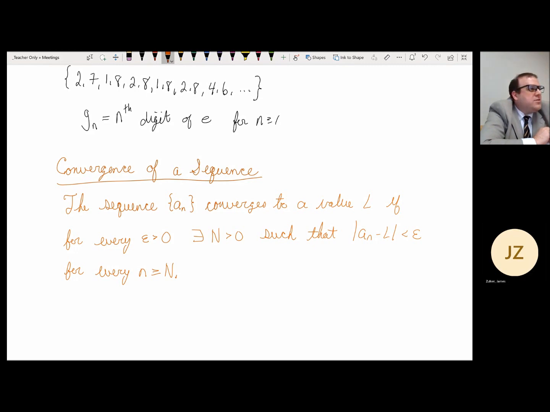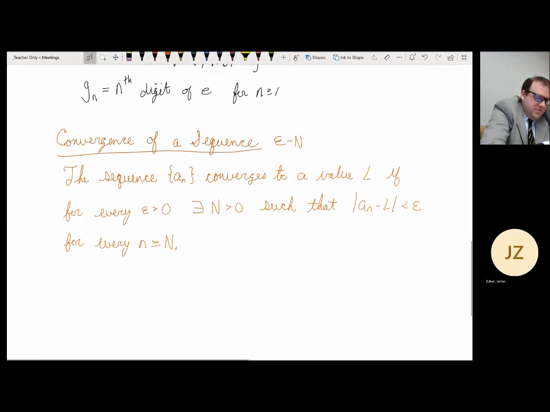Wait, I'm sorry, yes, at infinity. I was thinking of the other infinity, when it equals infinity. This is called an epsilon N definition. And we'll write the limit as n approaches infinity of a sub n is equal to L.